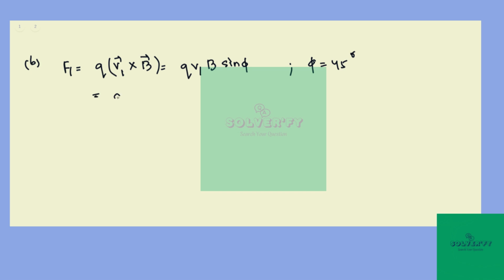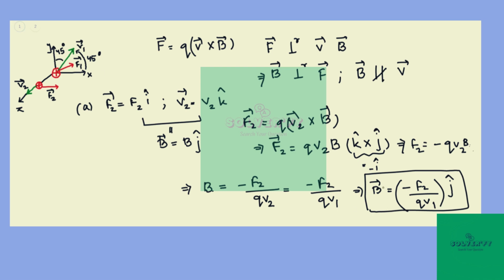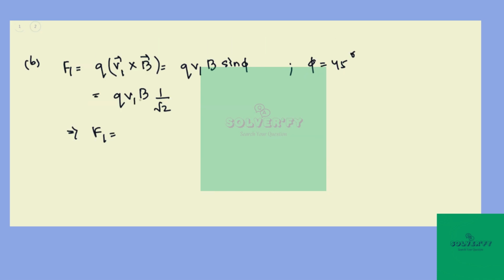So this is equal to Q times V1 times B times 1 over root 2. We use the value of B that we found here and substitute over here.